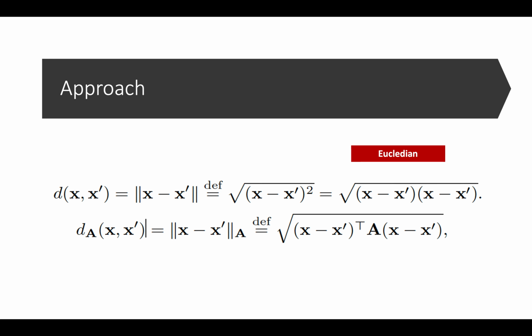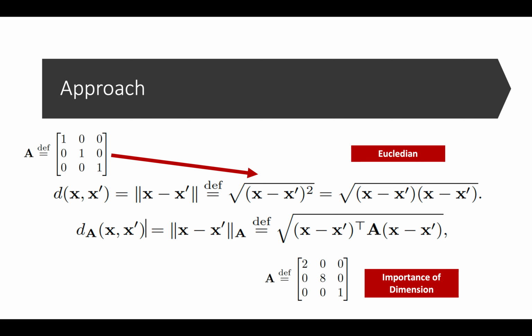Let's say the dimension we have here is 3, and if A is an identity matrix, it will simply bring us back to the Euclidean distance. But let's say we try another A, a diagonal matrix like the one you see on the screen. Then the different dimensions have different importance in the metric, and in this example, the second dimension is the most important in the metric calculations.